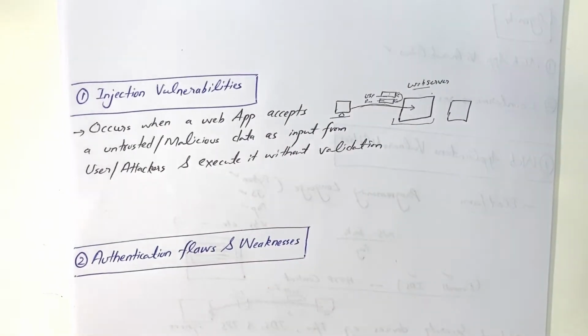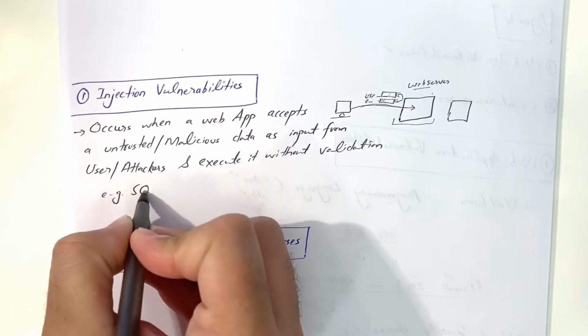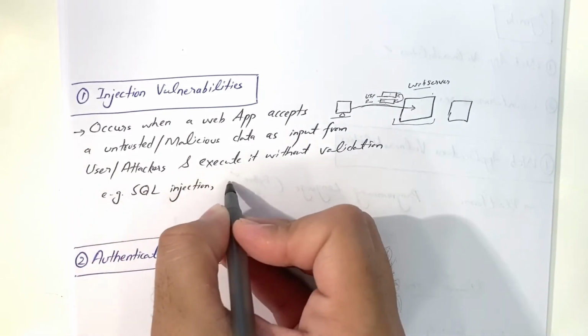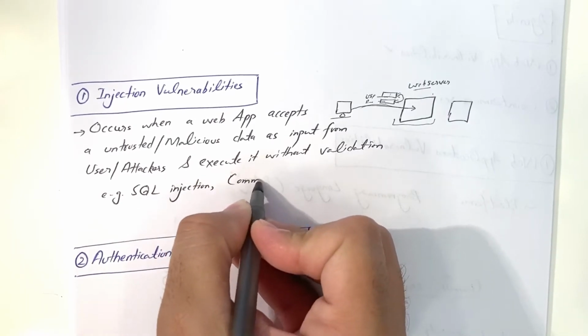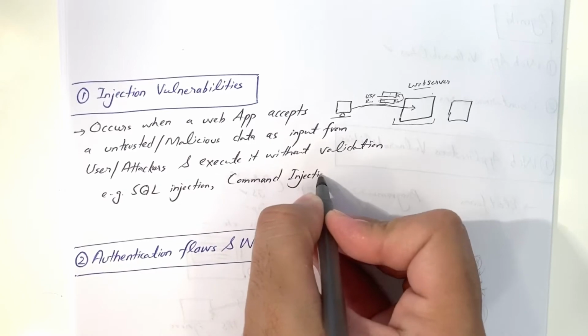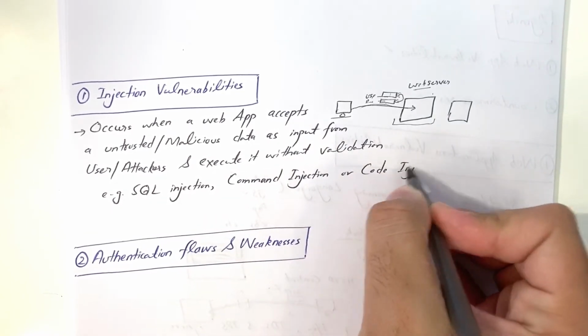So this is called injection vulnerabilities, and examples are SQL injection, command injection, or code injection. We will practice that in our lab.